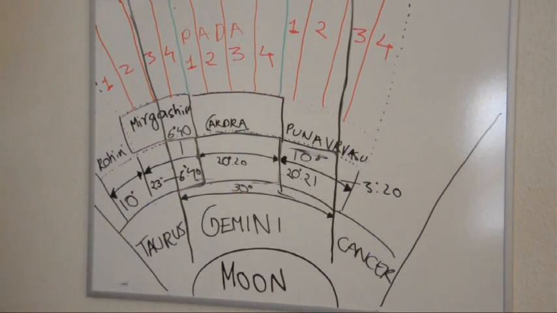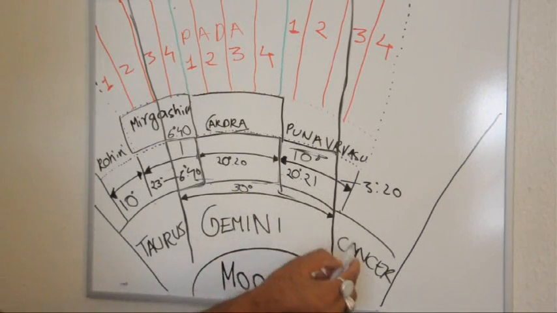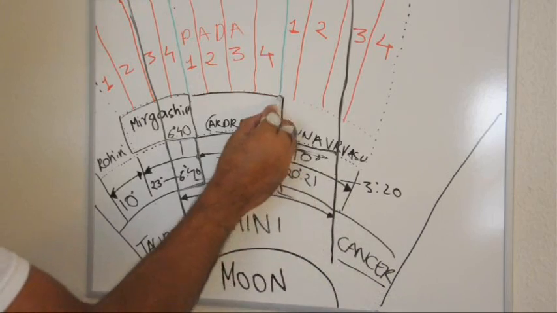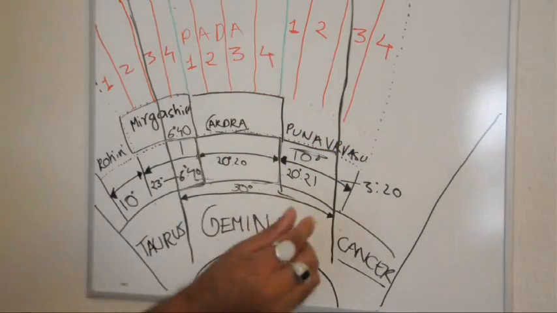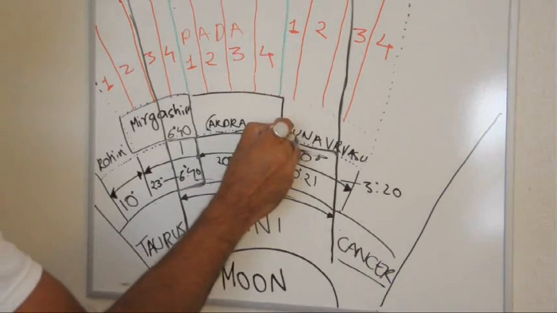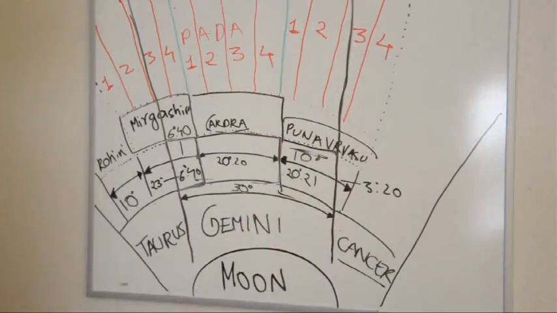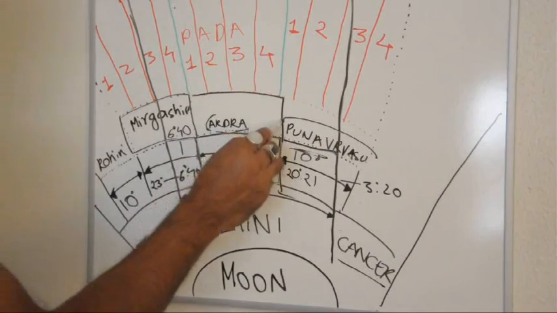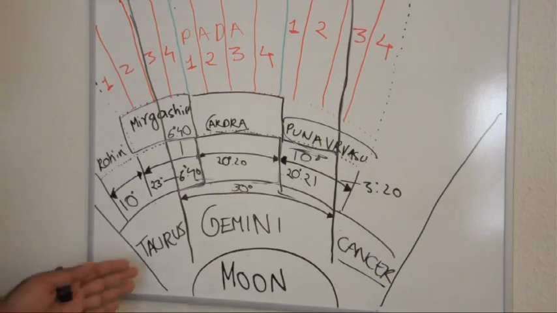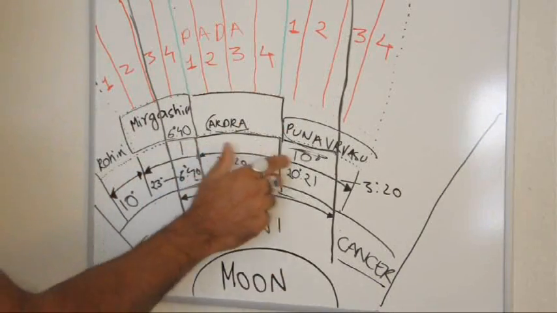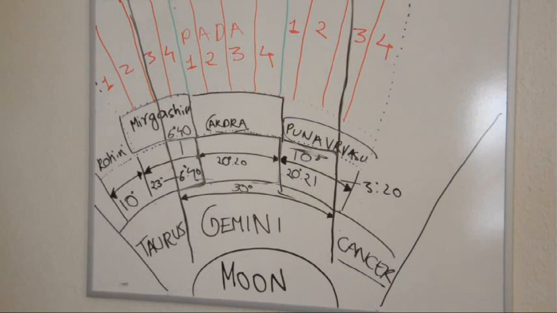Then in the sign of Gemini, the last 10 degrees, from 20.20 all the way into Cancer, the first 3.20 degrees of Cancer, you have Punarvasu. Punarvasu is another detailed part of the zodiac. So you see what's happening: in one zodiac sign, you have 3 different nakshatras. This is why not every Gemini is the same. Not every Gemini will have the same personality traits.